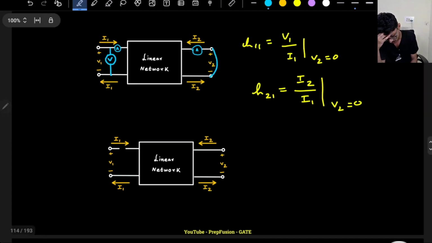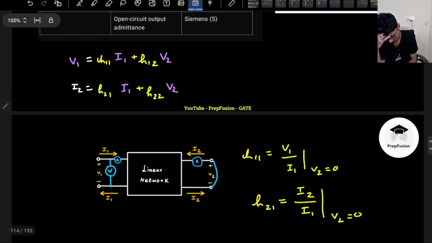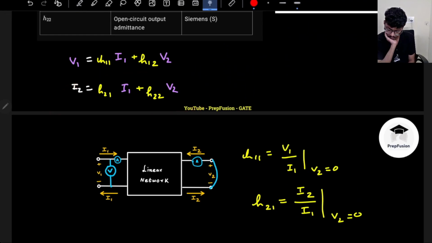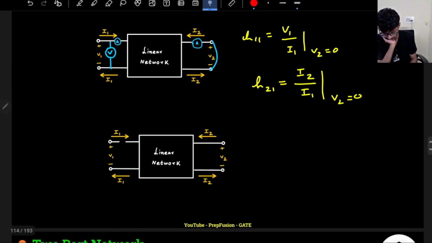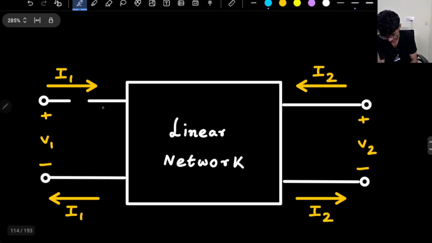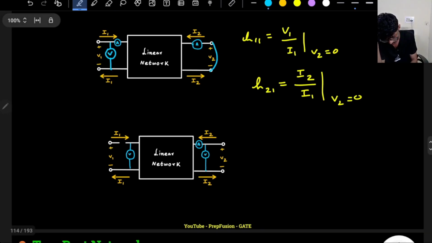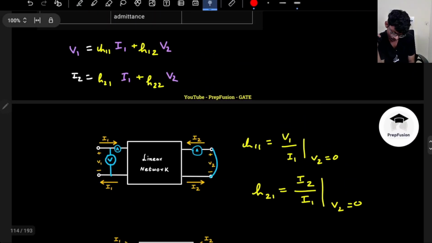I don't need to measure current at the input. I will need a voltmeter to measure V1, so I will need a voltmeter here. Also, I will need a voltmeter here, and an ammeter here, because I need to measure the I2 current.